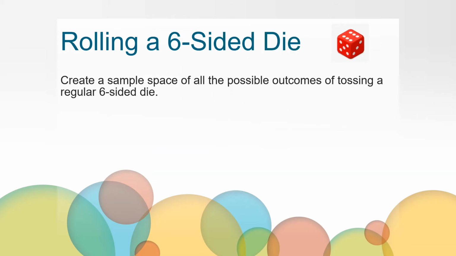So now let's switch from tossing coins to rolling dice. This time we're going to throw only one die. We say dice only if there are two or more. Create a sample space of all the possible outcomes of tossing a regular six-sided die.